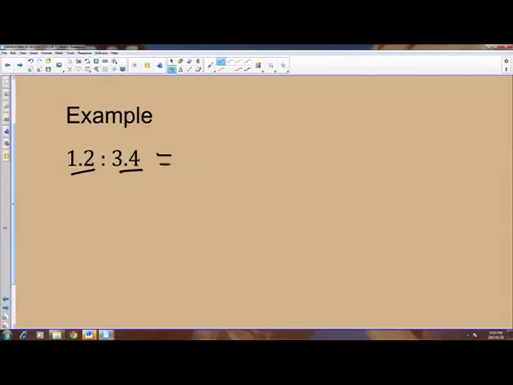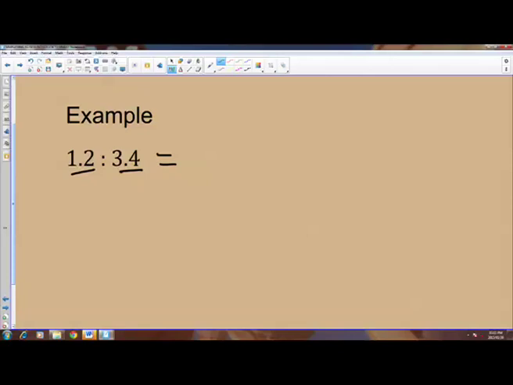We are going to multiply by a number such that every number in the ratio will be a whole number. When we check 1.2 and 3.4, to make 1.2 a whole number, we can multiply by 10. The same thing applies to 3.4. We have to multiply by 10 throughout.